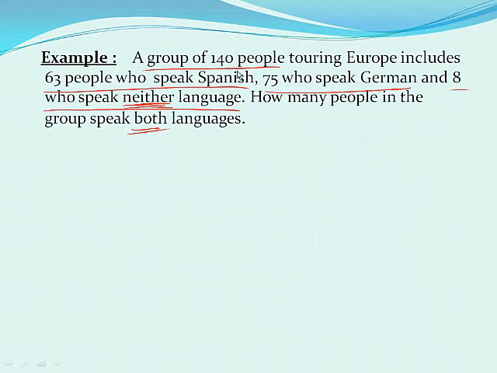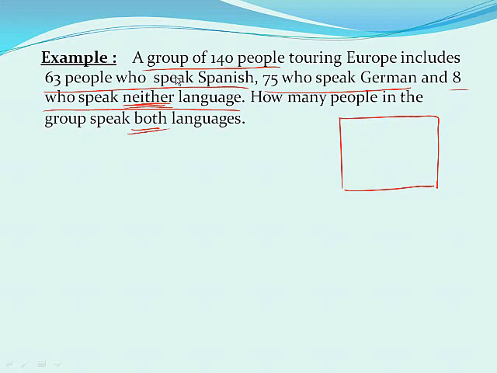A group of 140 people touring Europe includes 63 people who speak Spanish, 75 who speak German, and 8 who speak neither language. How many people in the group speak both languages? So we are going to introduce a Venn diagram here.